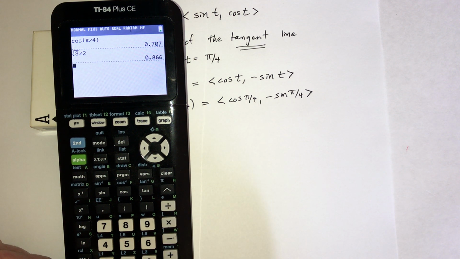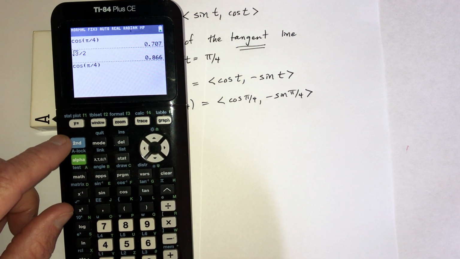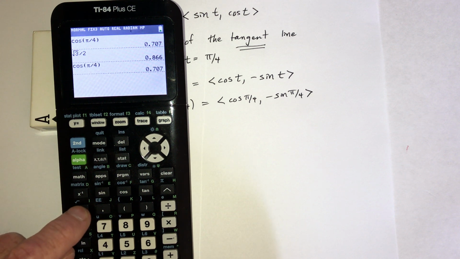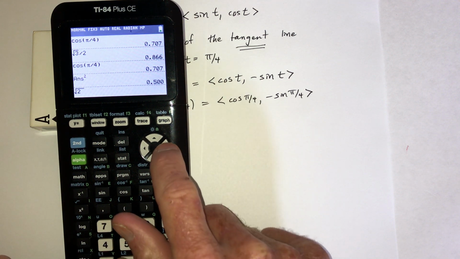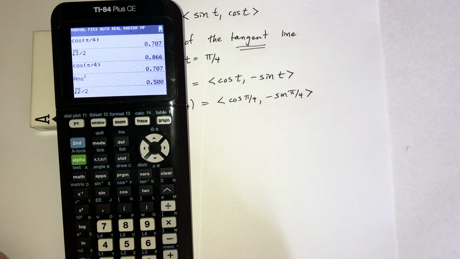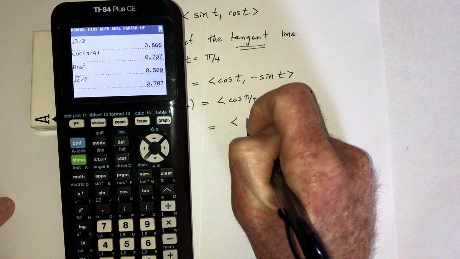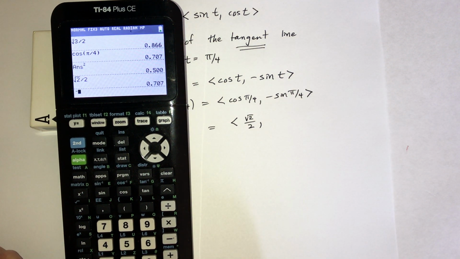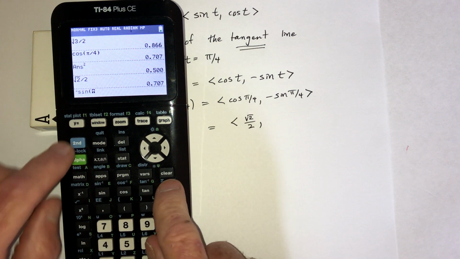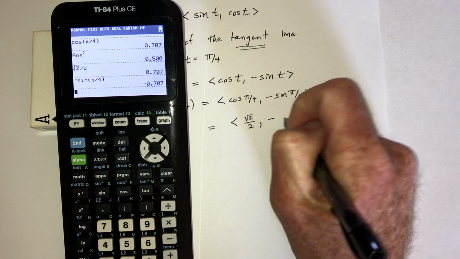No. What is it? If I square it, okay, it's the square root of 2 divided by 2. Is that 0.707? Okay. So this one is square root of 2 divided by 2. And then what about negative sine of pi over 4? That's the same number except negative.